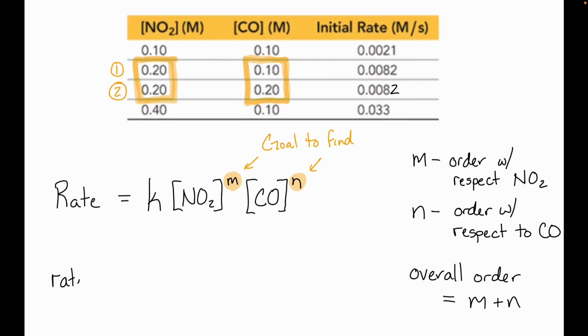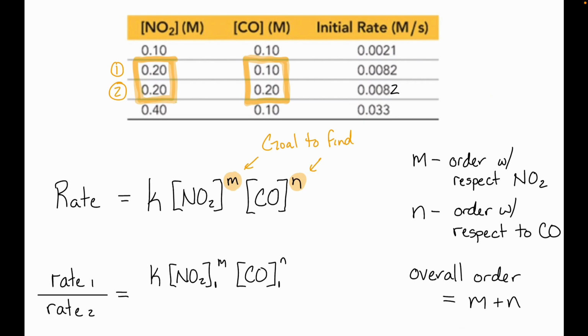So the rate of data point 1 over the rate of data point 2 is going to equal all this business for the first data point: k times the concentration of NO2 of my first data point to the power of m, times the concentration of my second reactant, but still that first data point, divided by now this same expression, but I'm going to use the values for my second data point.